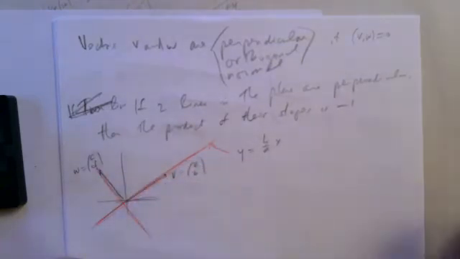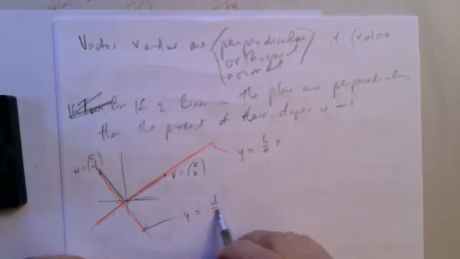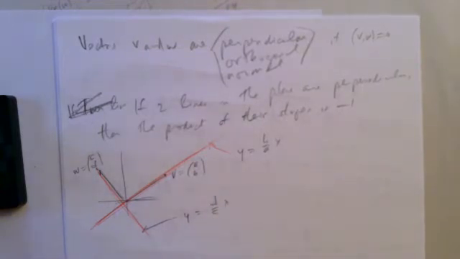And what's the equation of this line? This line is y equals D over C x.